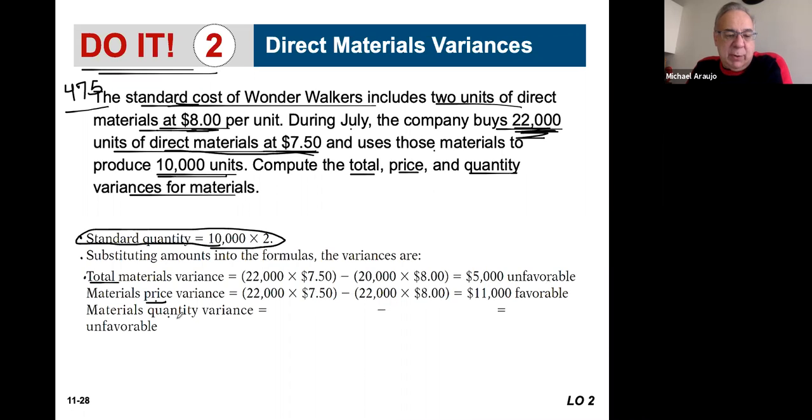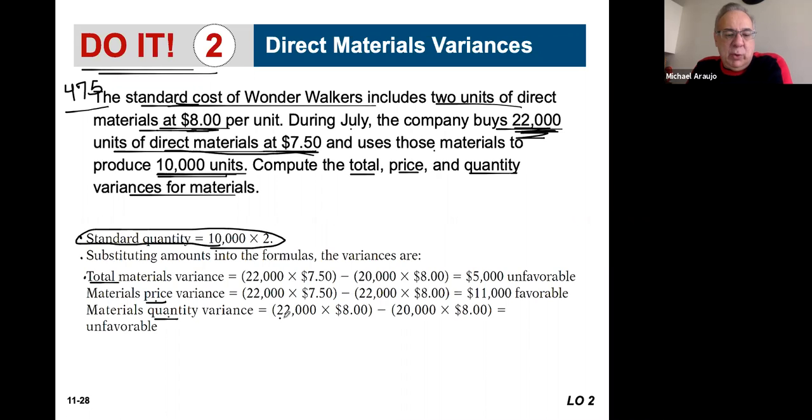However, when you look at the quantity, it is the 22,000 actual times the unit standard, minus what we had thought, 20,000, the standard quantity, times the $8.